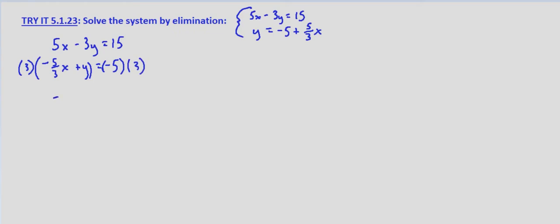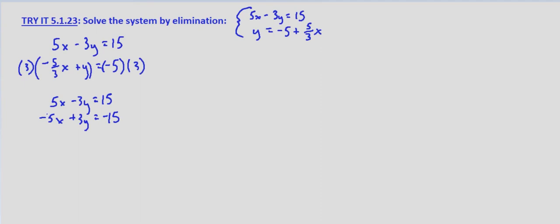That then gives us the equations 5x minus 3y equals 15, and 3 times negative 5/3 is negative 5x plus 3y equals negative 15.